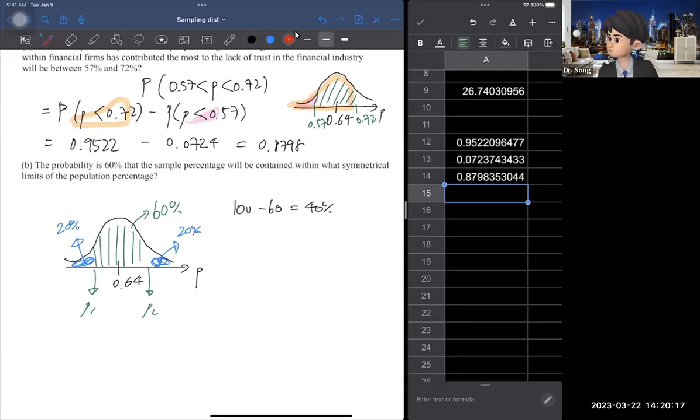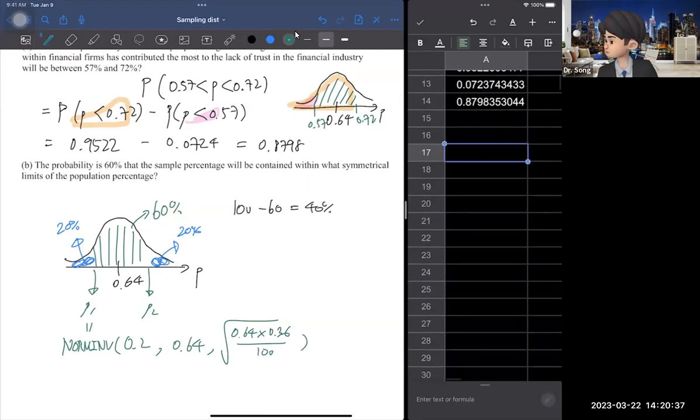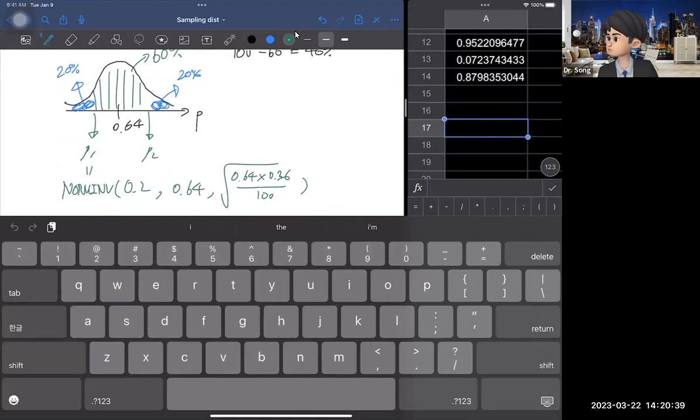This P1 is the same as NORM.INV of 0.2, that represents the 20%, and mean equals 0.64, and the standard deviation is square root of 0.64 times 0.36 over 100. So let me find it. So I can find P1, sample proportion 1.